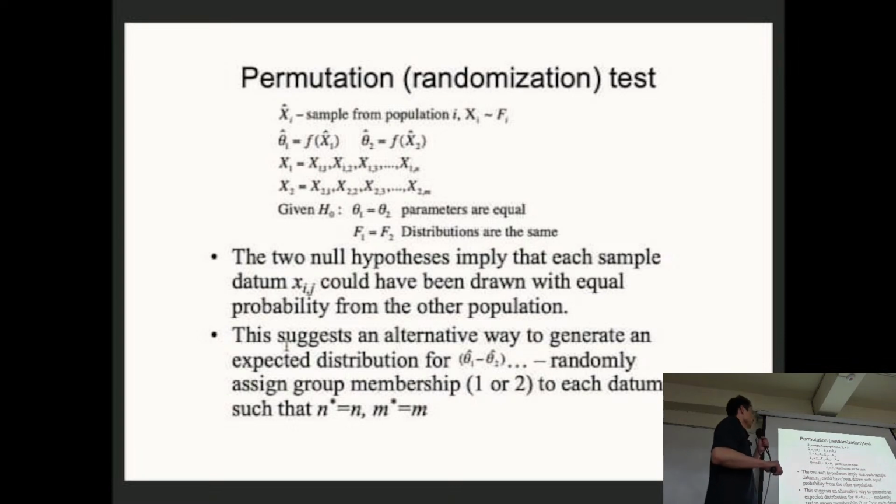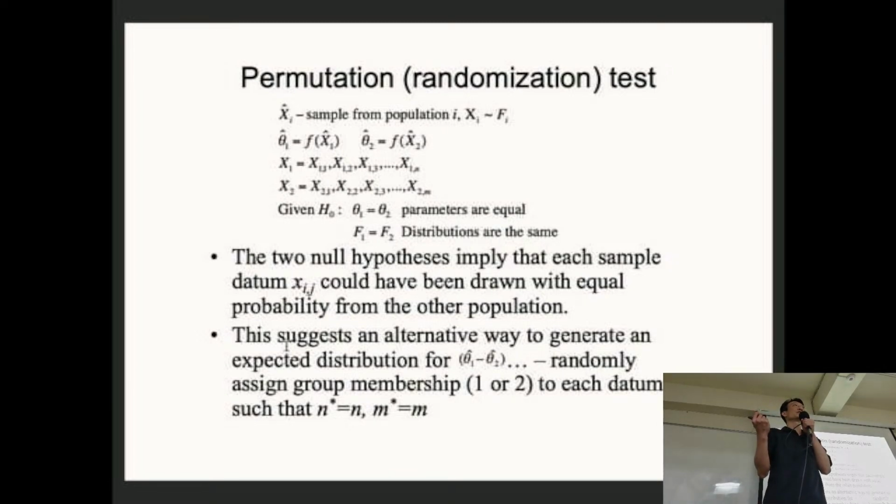So this suggests an alternative way to generate an expected distribution for theta 1 minus theta 2: randomly assign group membership to each data point. If this null hypothesis is true, then theta 1 minus theta 2 is what? 0, right?